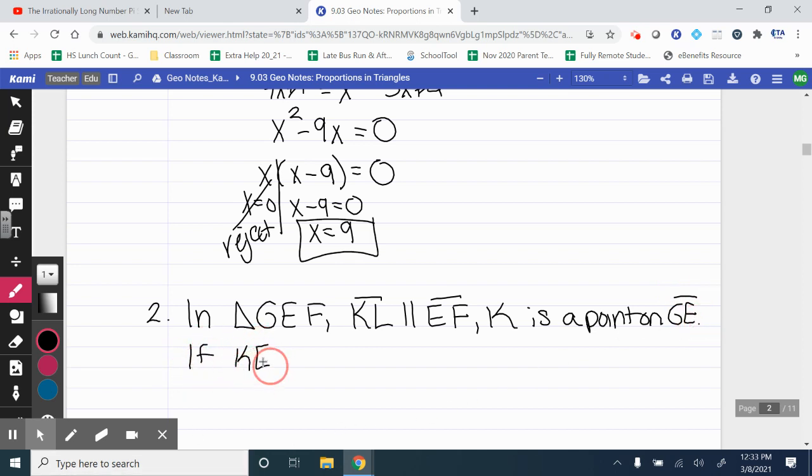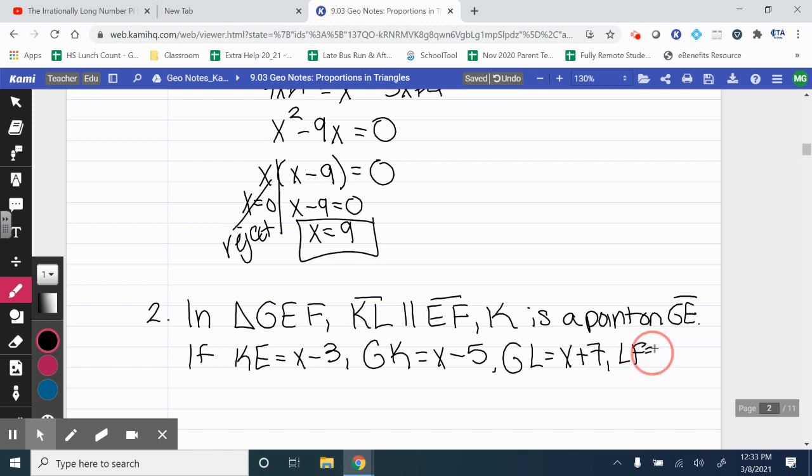If KE equals x minus 3 and GK equals x minus 5, GL equals x plus 7, and LF equals 2x plus 3, find x to the nearest thousandth.